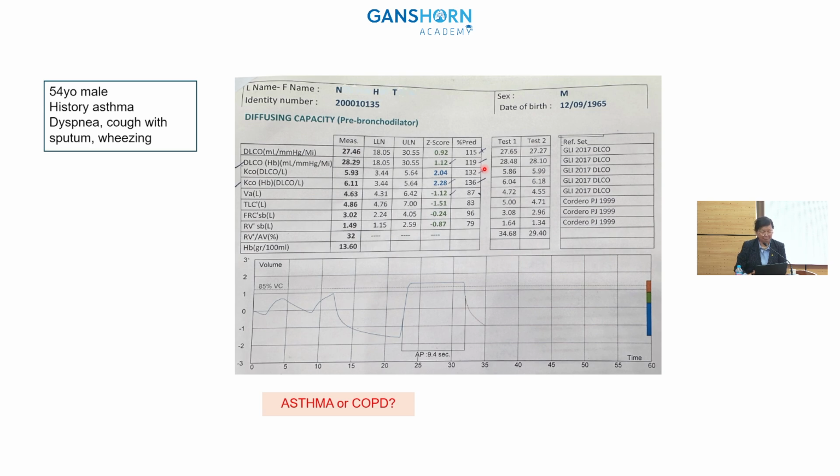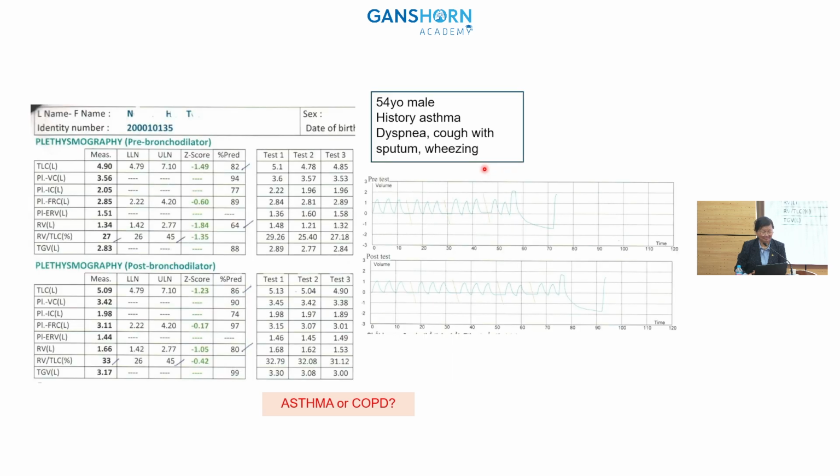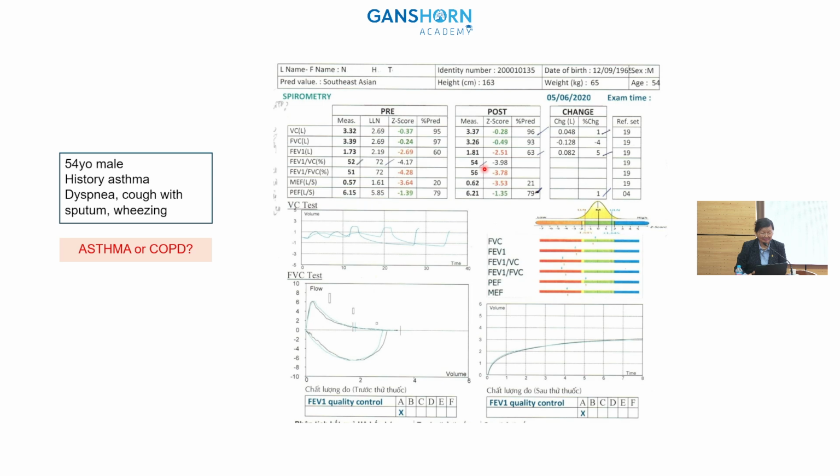This patient also has a negative post-bronchodilator test, but maybe it is affected by the technique during the spirometry. So I think the diagnosis is asthma. Yes, it is asthma with fixed airway obstruction.